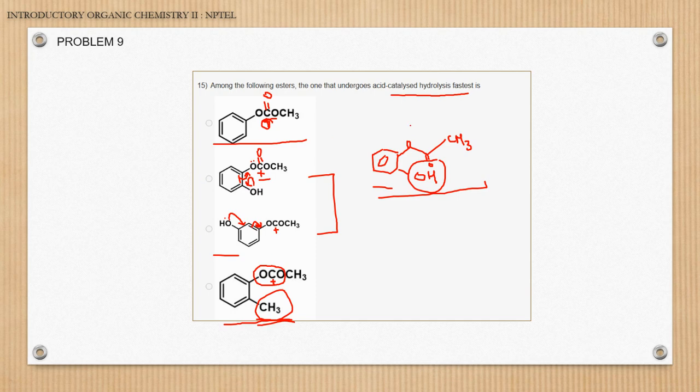So that is why your part B now is going to give you the fastest acid catalyzed hydrolysis rather than the C part. So is it clear to all of you why B is giving the fastest acid catalyzed hydrolysis than this C? Any questions, any queries?